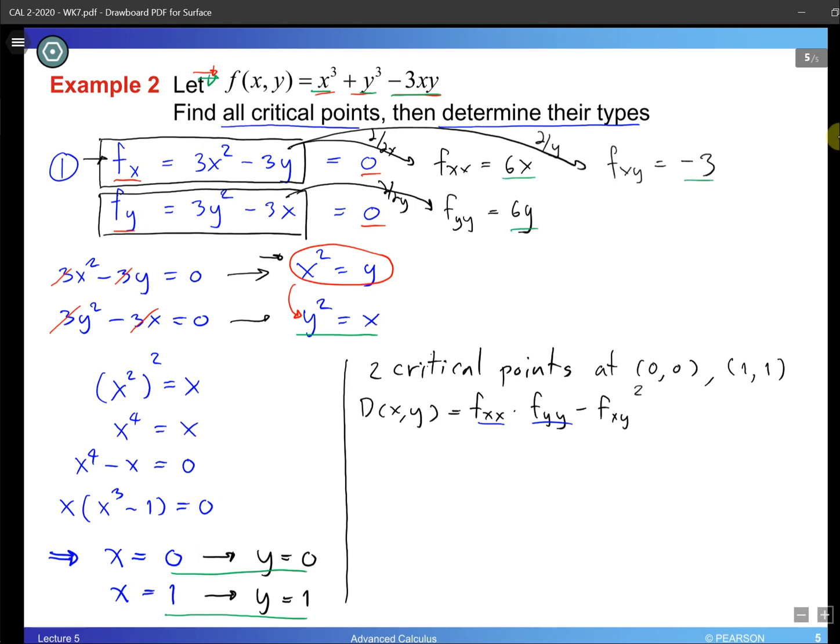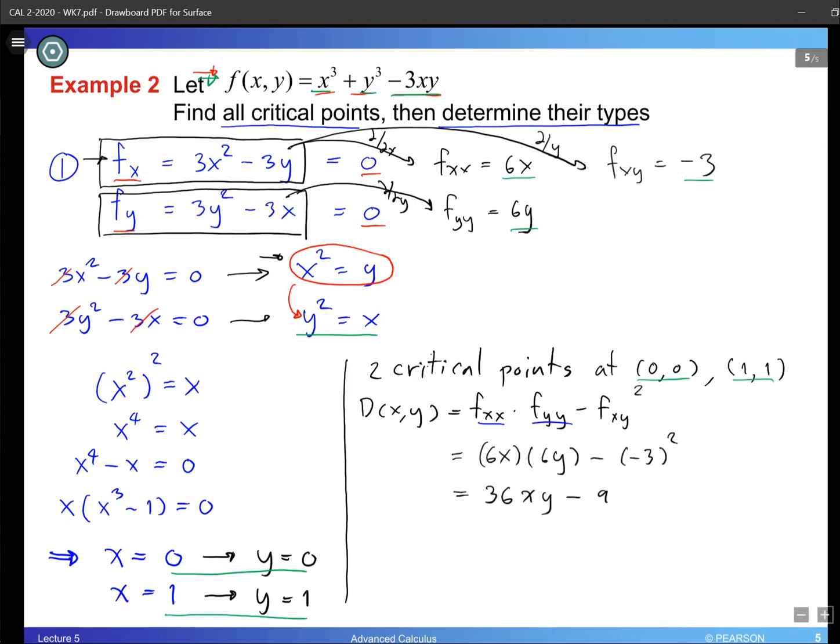D is going to be equal to fxx, which is 6x, and fyy, 6y, minus fxy squared, that is minus 3 squared. So in the end, we have 36xy minus 9.